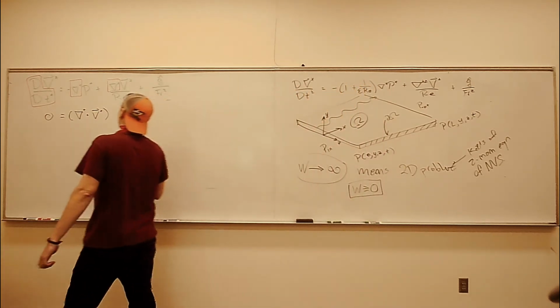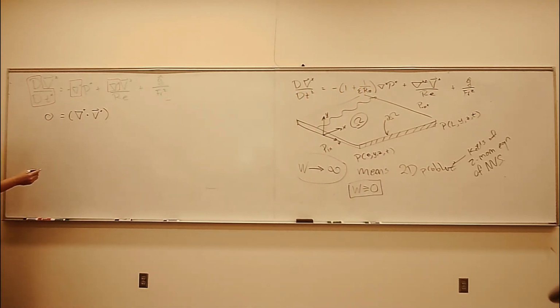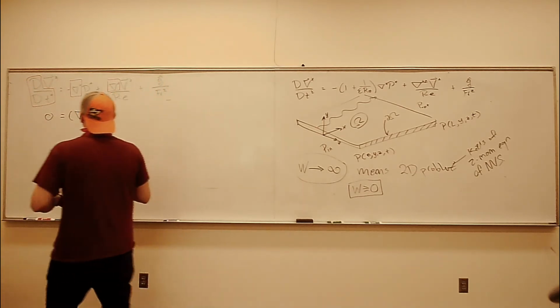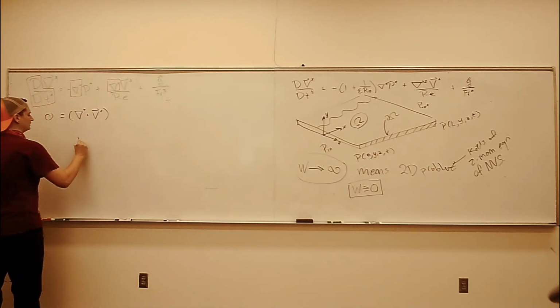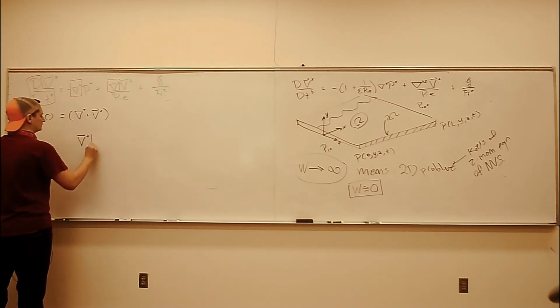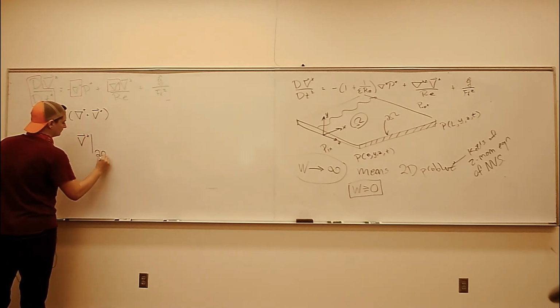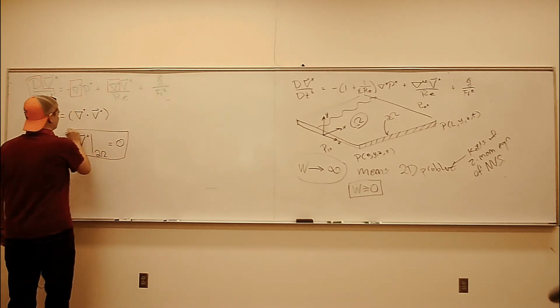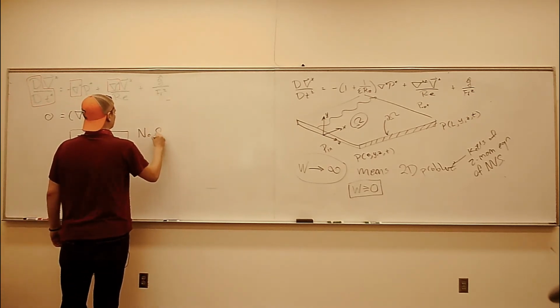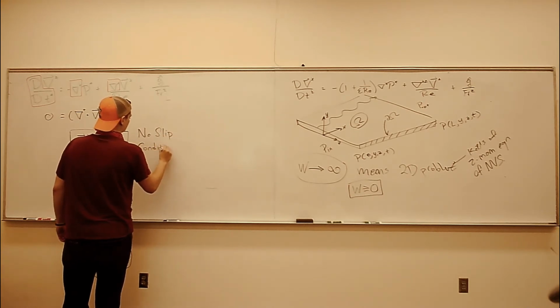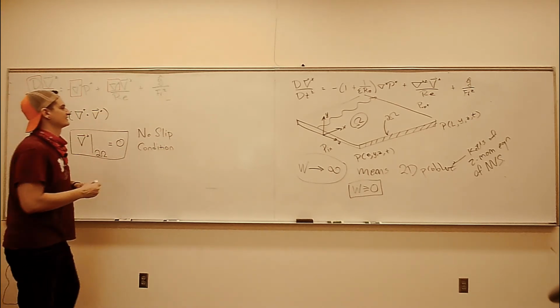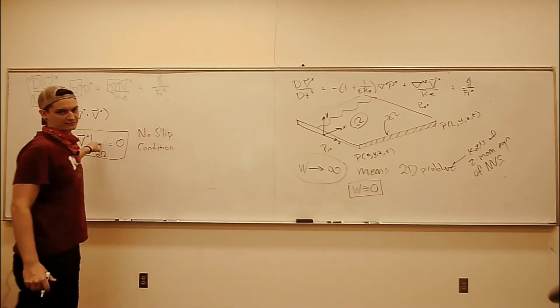So the boundary conditions we have for Navier Stokes are an interesting one because they come from really experimental fact and observation. And that one being the no-slip condition. So this means that my velocity vector evaluated at the boundary.